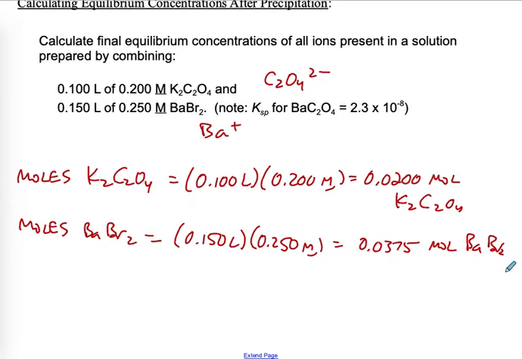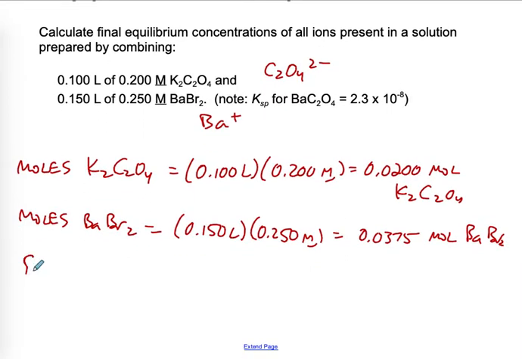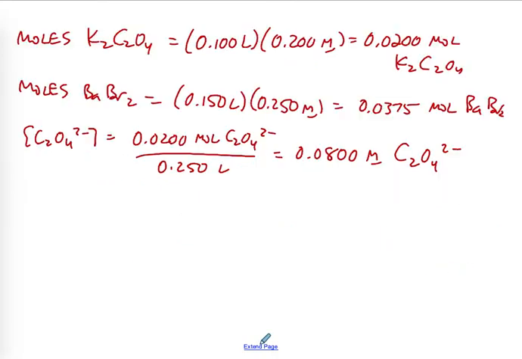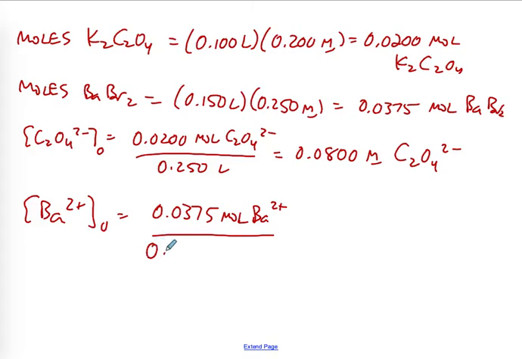Let's then calculate the initial concentrations of the oxalate anion and the barium cation. 1 mole of potassium oxalate gives 1 mole of oxalate anions, and I'll divide that by the total volume to give me 0.0800 molar as my initial concentration of oxalate after mixing but prior to reaction, and my initial concentration of barium 2+ is 0.0375 moles of barium 2+, because 1 mole of barium bromide gives me 1 mole of barium 2+, divided by the total volume, or 0.150 molar barium 2+.